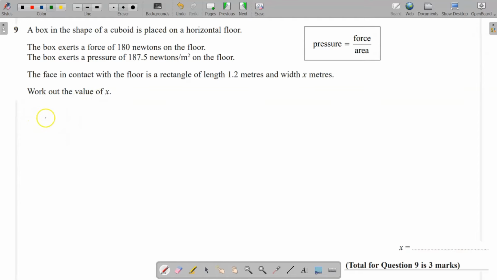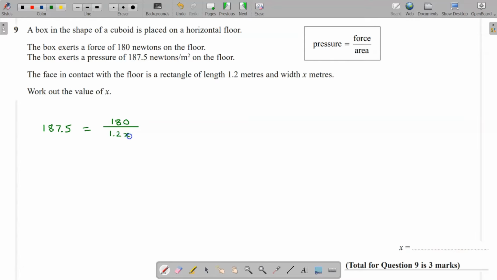So we'll start with 187.5, which is the given pressure, and that's equal to the force, which is given as 180, divided by the area. Now the area is given as a length of 1.2 and a width of x. So because it's a rectangle, we just need to do the product of those two things. So underneath there for area, I'm going to put 1.2x.